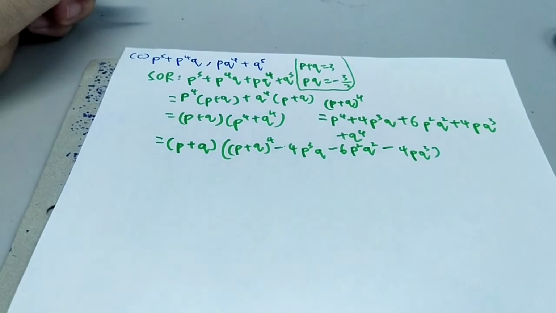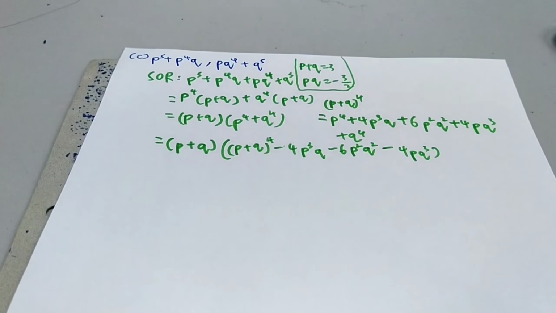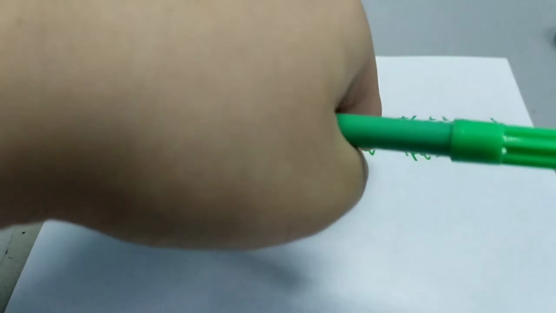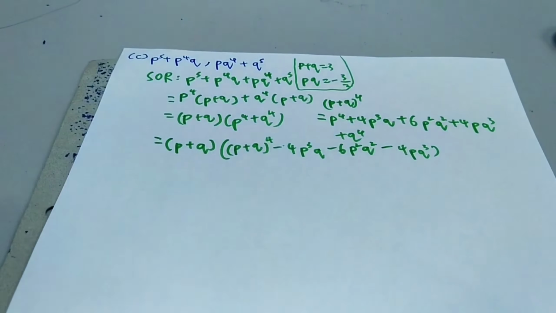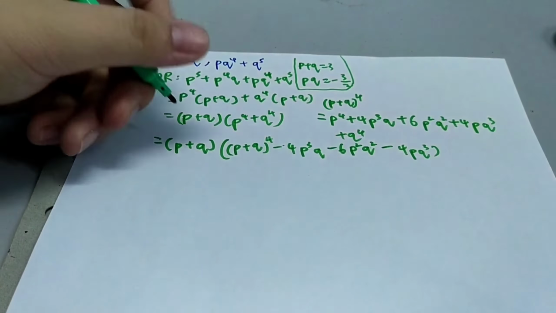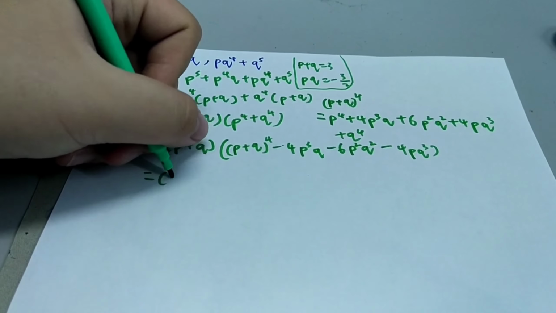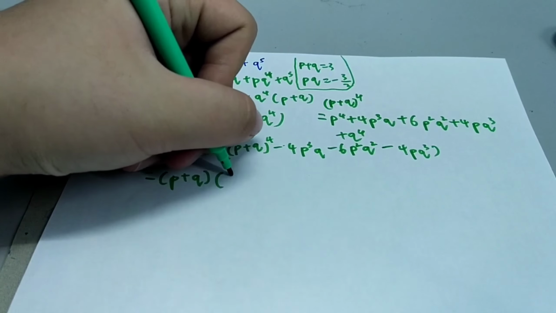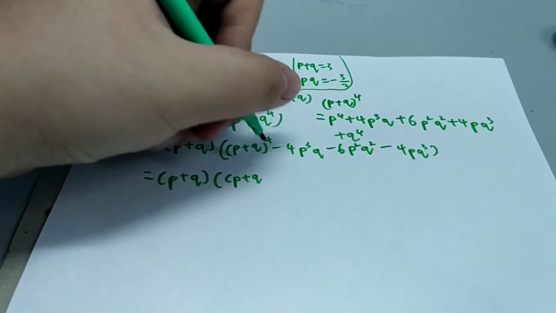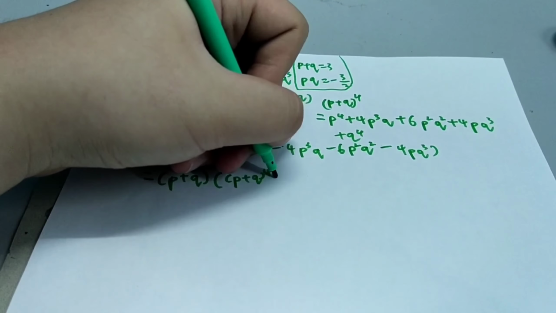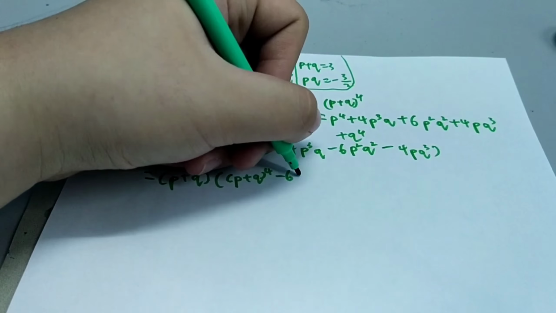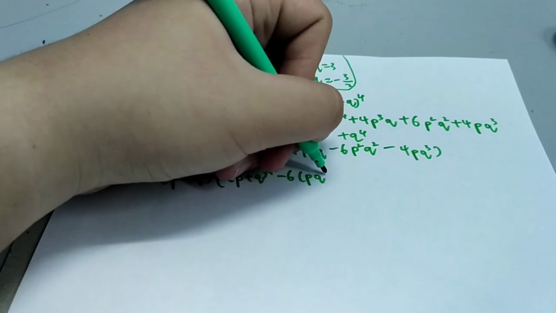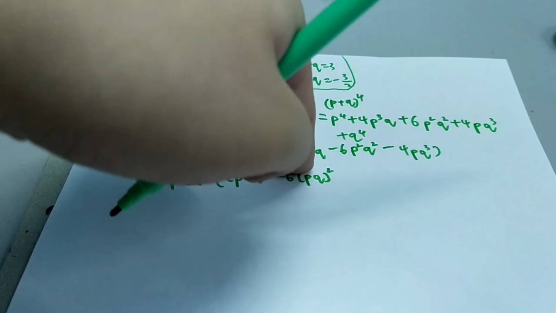And then what we're going to see is we got p squared and q squared, which means we can use the law of indices to simplify. So I will have p plus q bracket power 4 minus 6 times pq squared. And then what about these two terms?